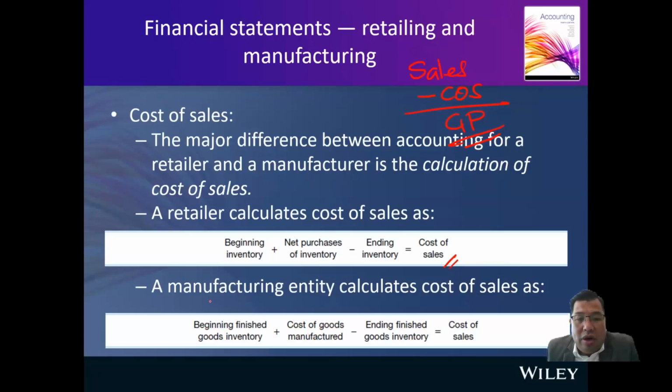So the formula is opening stock of finished goods plus cost of goods manufactured minus your closing stock of finished goods. This gives you your cost of sales. Are you okay with this? Can you write down this formula somewhere?